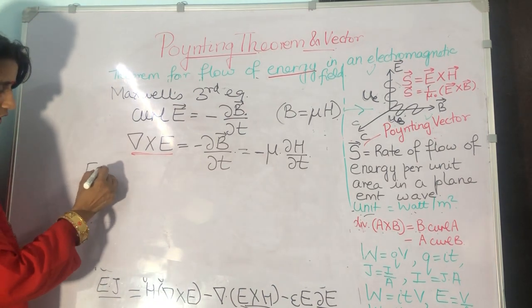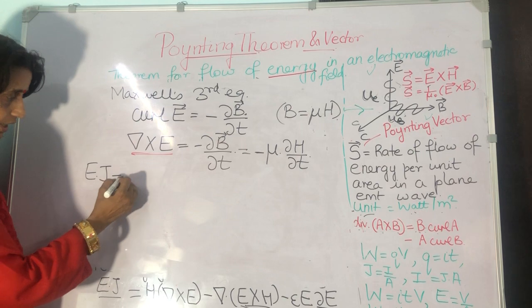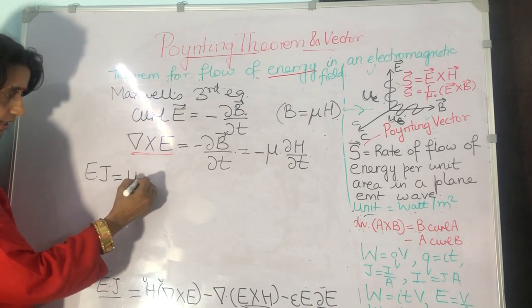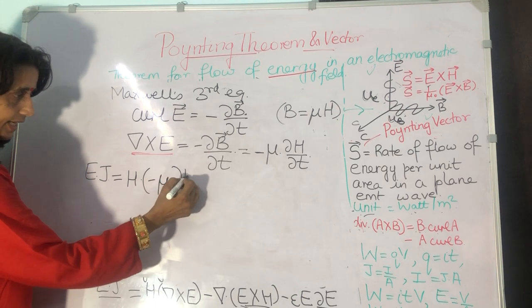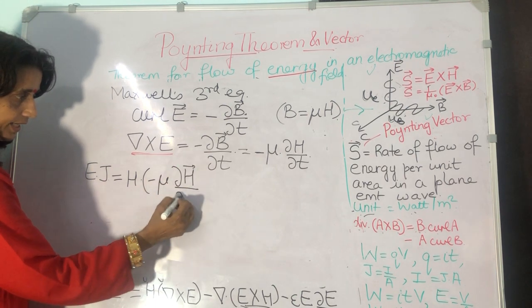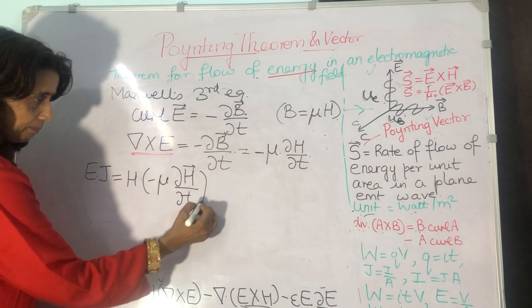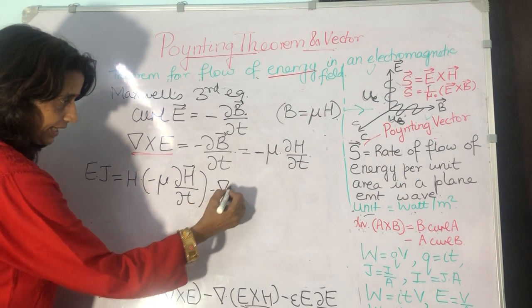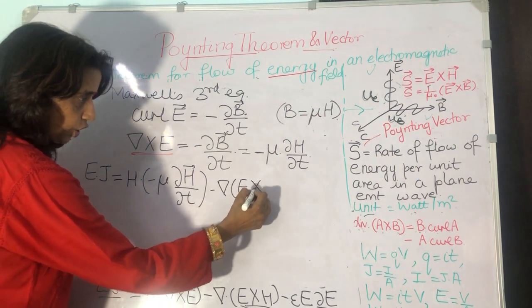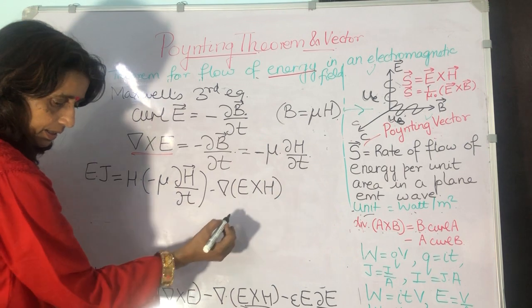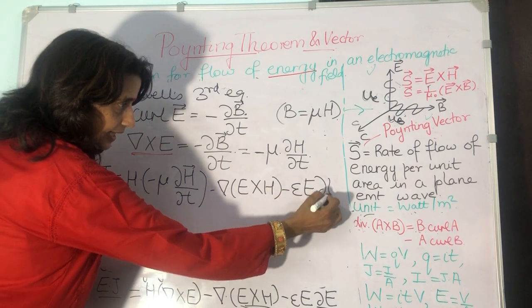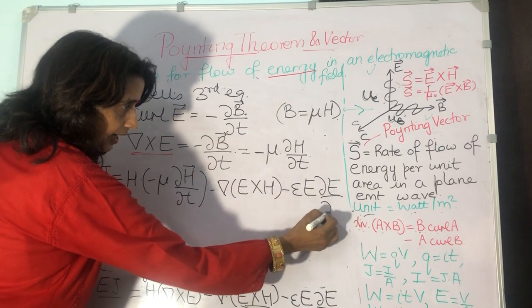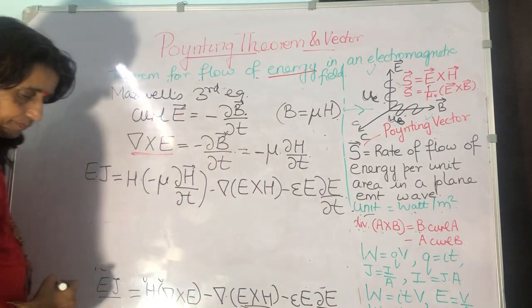E dot J is equal to H into minus mu del H by del T minus del dot (E cross H) minus epsilon E del E by del T.